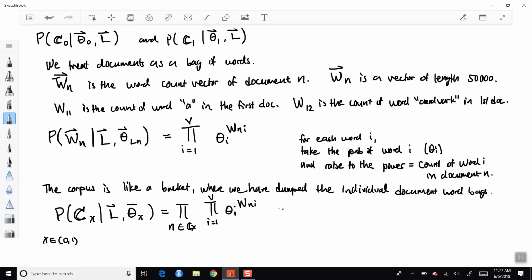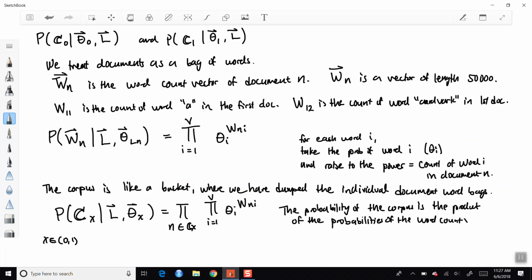So the probability of the corpus is the product of the probabilities of the word count vectors Wn for the documents belonging to the corpus.